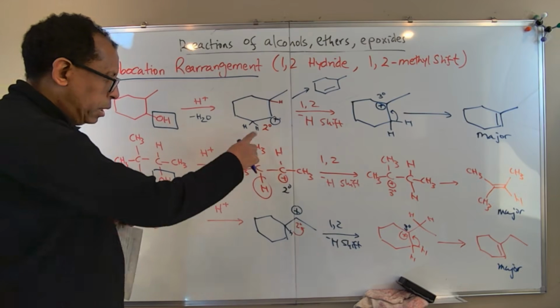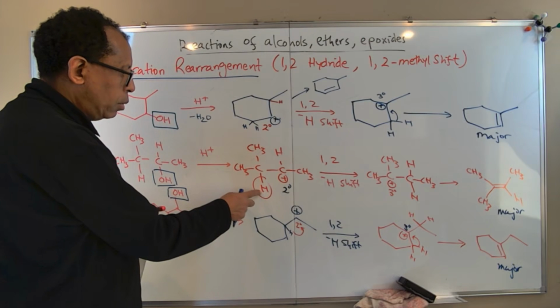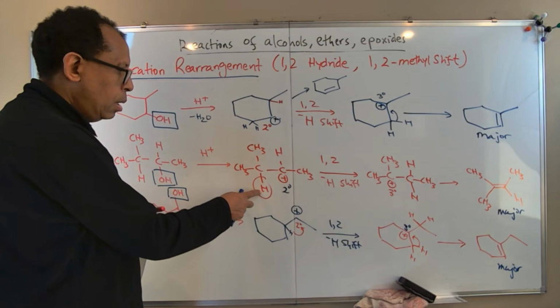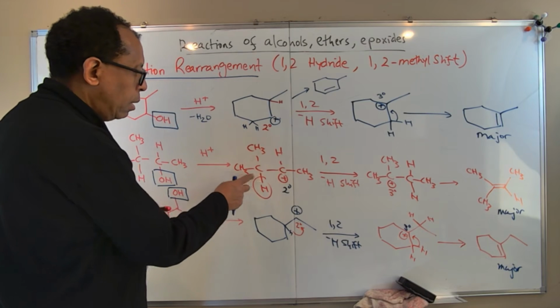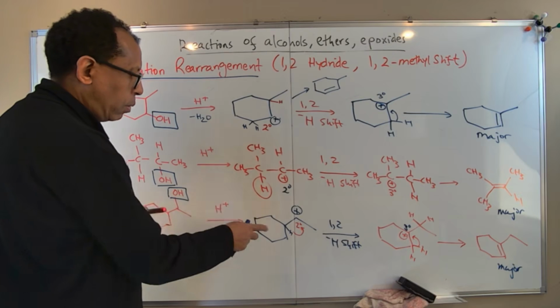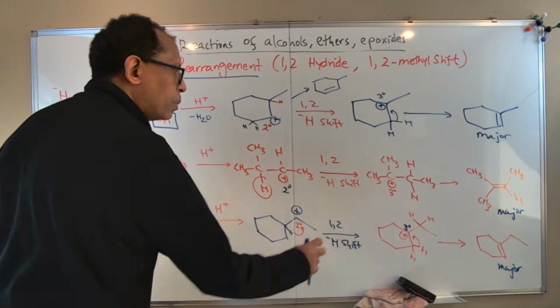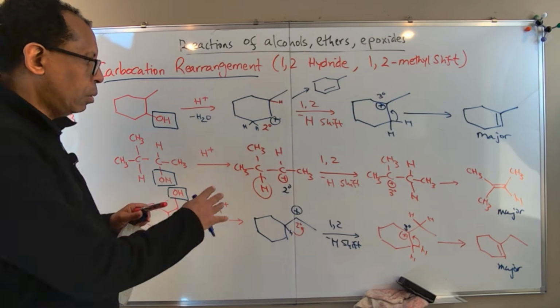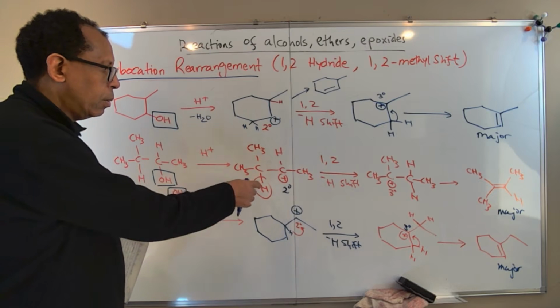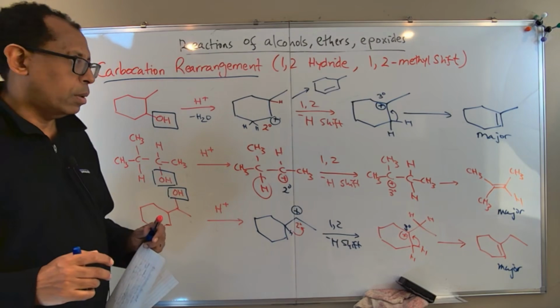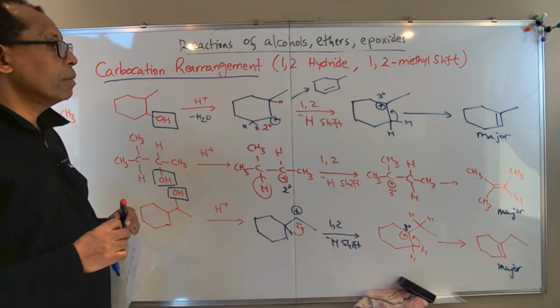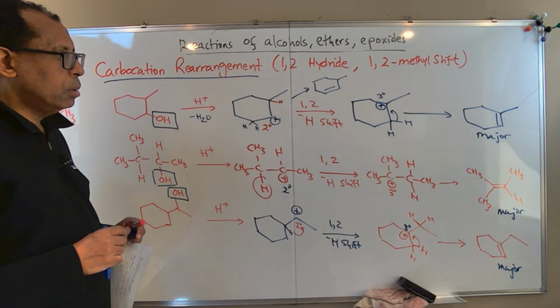For example, here, if this hydrogen was a methyl group, not hydrogen, a methyl can also shift here, create a carbocation here to form the tertiary one. So it's based on what you have, whether you have a hydride or a methyl. It depends on the type of molecule you are trying to solve the problem for. Okay, we'll continue more on this.